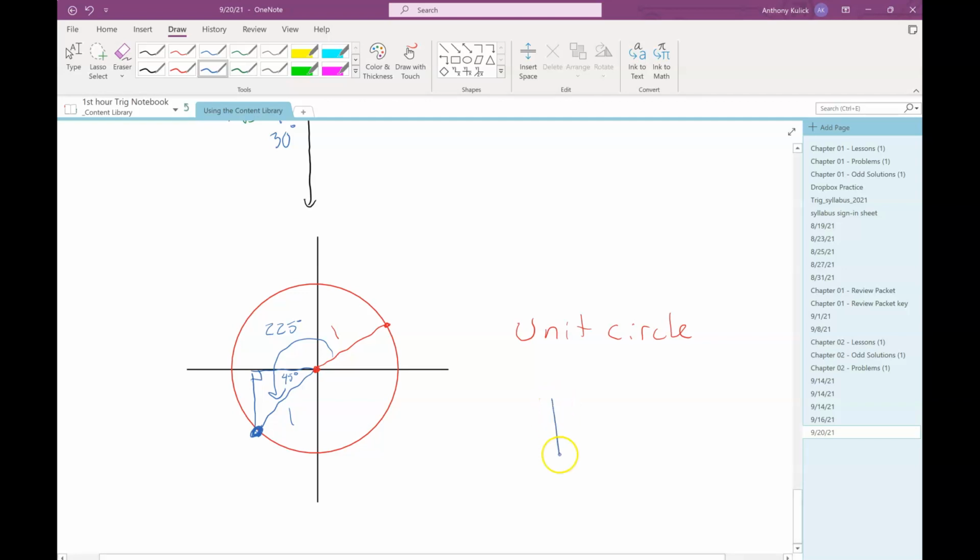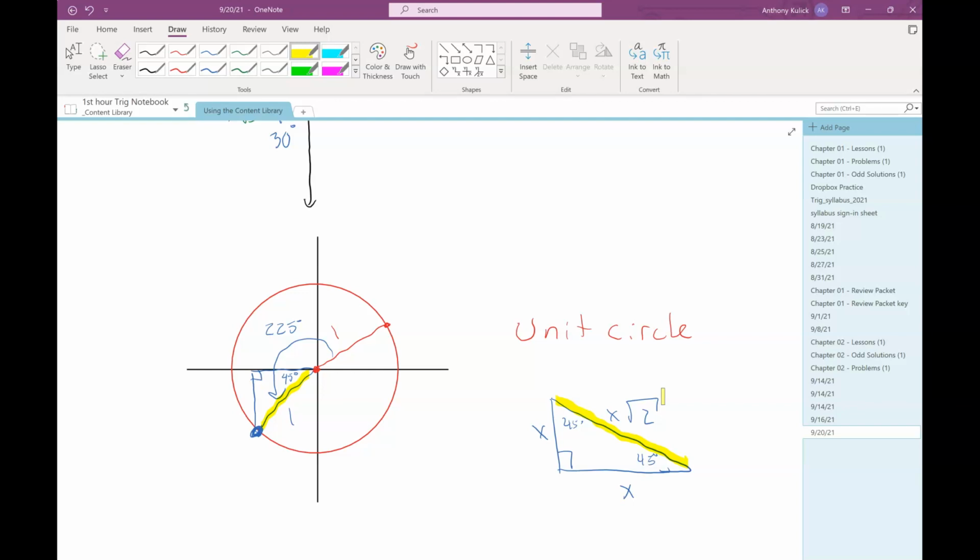So if I remember, for a 45, 45, 90 triangle, the side length ratios are this, correct? However, the hypotenuse of that triangle needs to be the same as the radius for this circle.